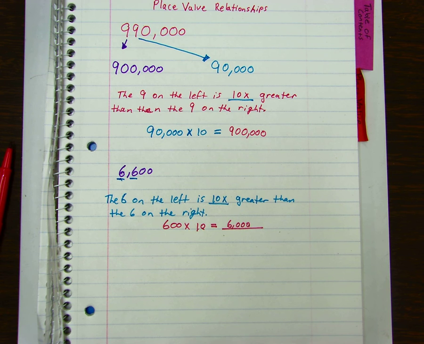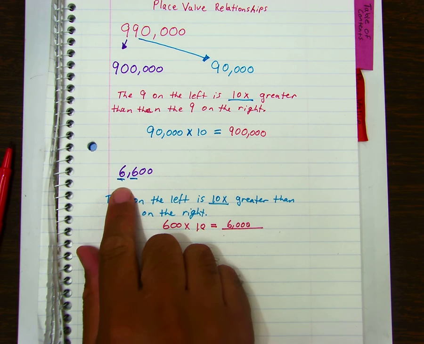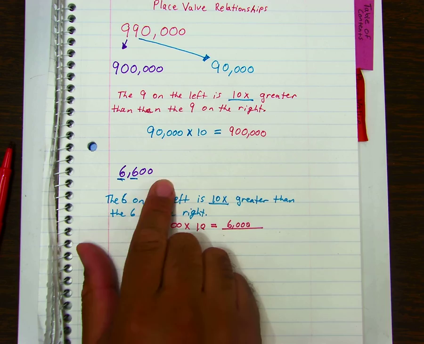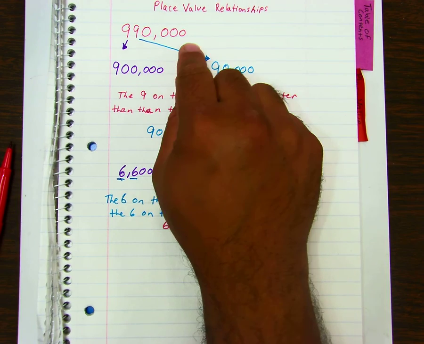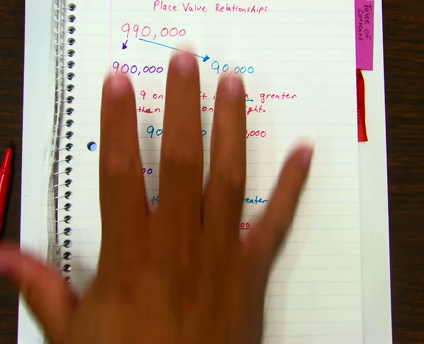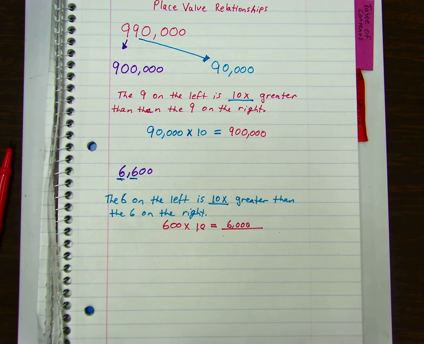So no matter what the number is, whether it is 66,600 or 6,600 or 990,000, if they have two digits that are side by side, the relationships of those values are always going to be the same. The digit on the left is 10 times greater than the digit on the right.